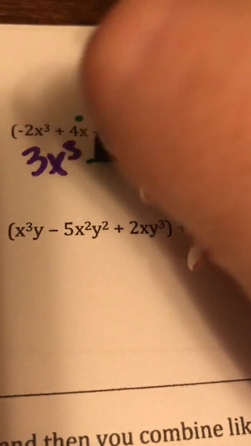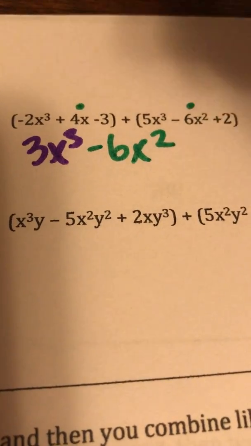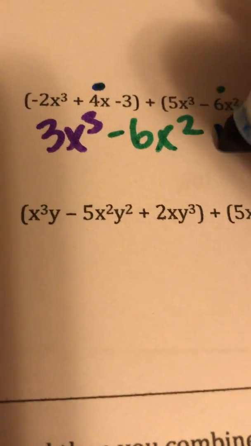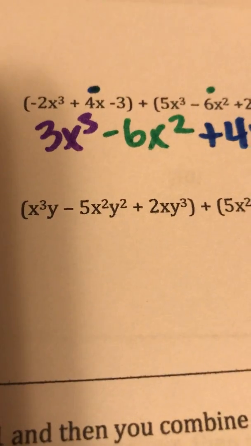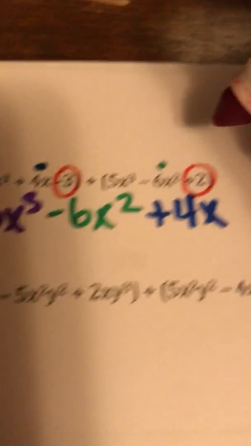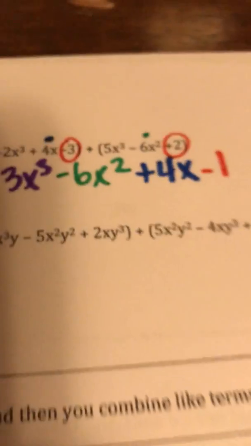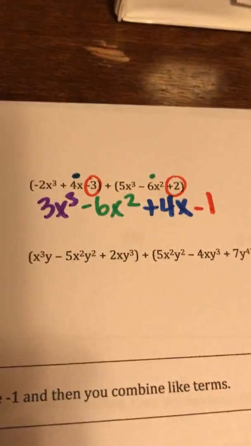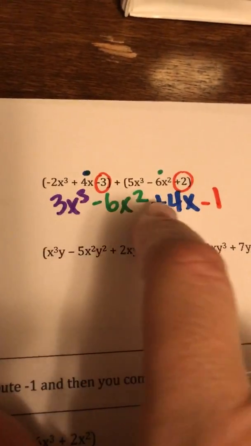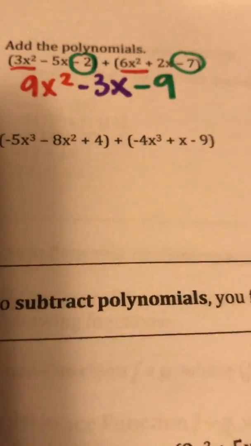No. So we have negative 6x squared. We have plus 4x here. And finally, we have our constants here. Negative 3 plus 2 is negative 1. All right, so make sure that you work very carefully so you don't make the same mistake that I almost did there. Okay, let's go to the next one.